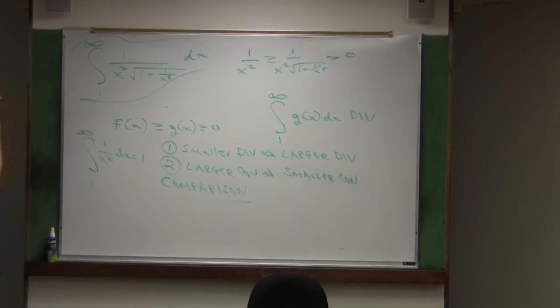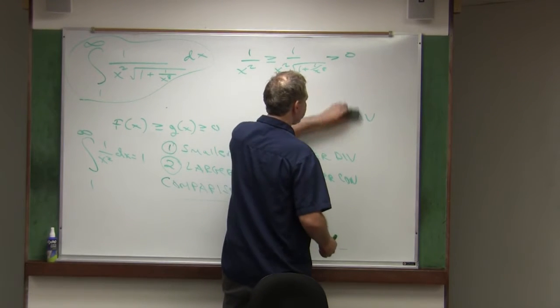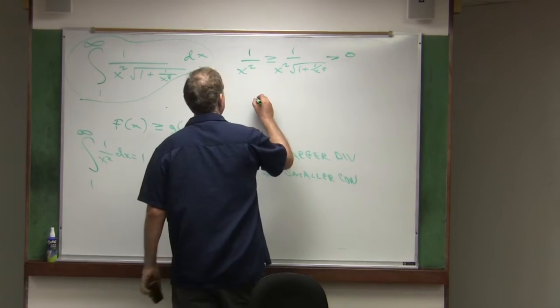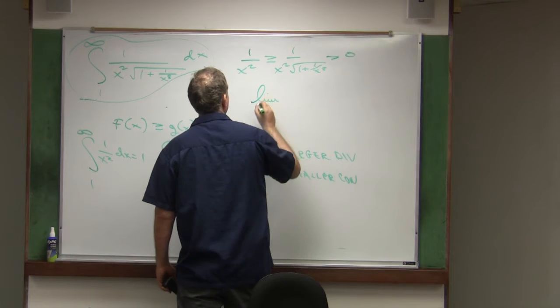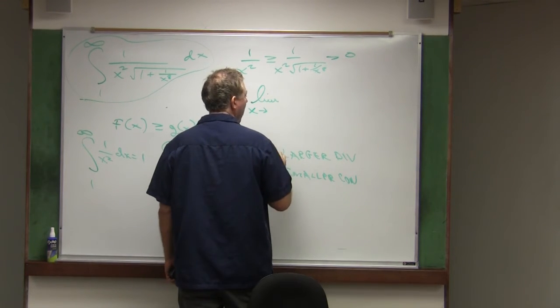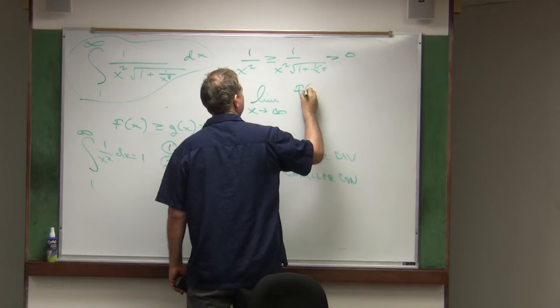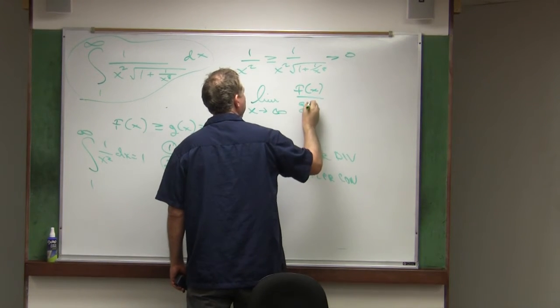Now there's an even stronger test called the limit comparison test. And the limit comparison test would be kind of the same situation, except what you have now is that you're taking a limit as x goes to infinity, and you're looking at two functions, f over g, okay?